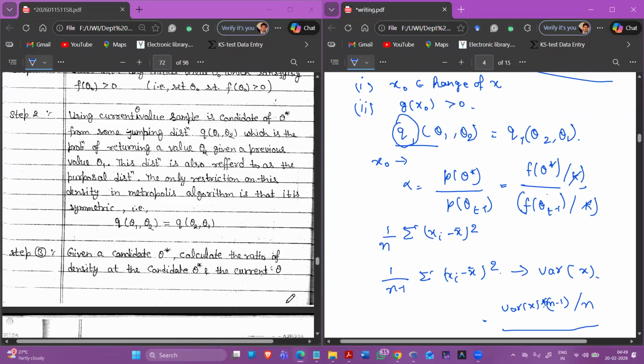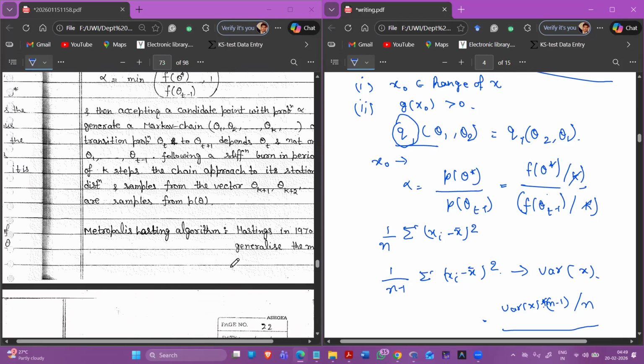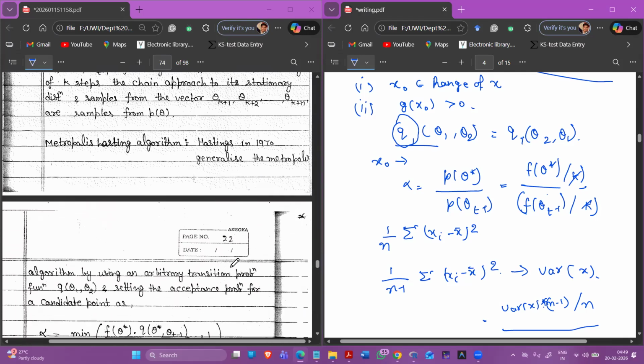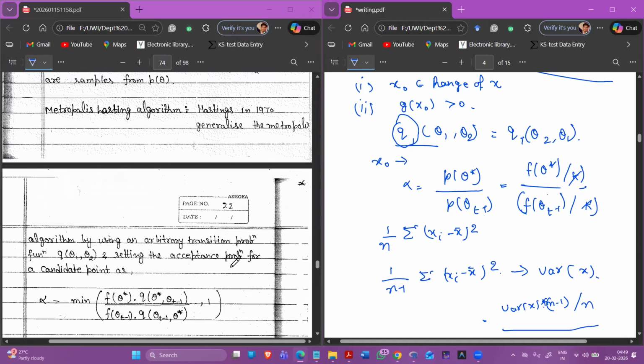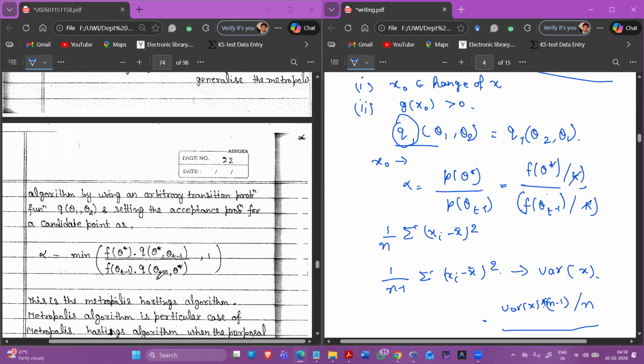Okay. Now we will talk about the Metropolis Hastings algorithm. In the Metropolis Hastings algorithm, he generalized the Metropolis algorithm and multiplied by the jumping distribution in the numerator and denominator.